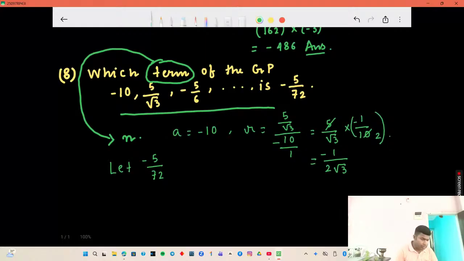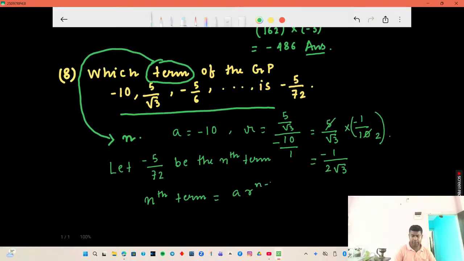So now let minus 5 by 72 be the nth term. What is the formula of the nth term? The nth term is equal to a into r to the power n minus 1.